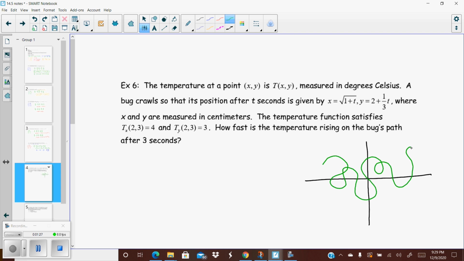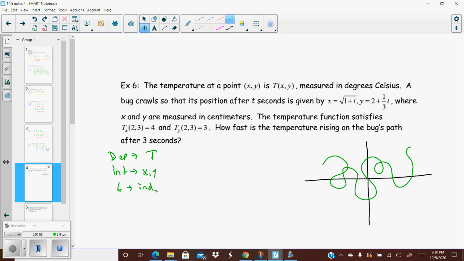So we're trying to find the change in temperature along the bug's path, which is given by T. So our dependent variable is temperature. That depends upon both x and y, which both depend upon t. So x and y are going to be our intermediate variables, where t is the independent.